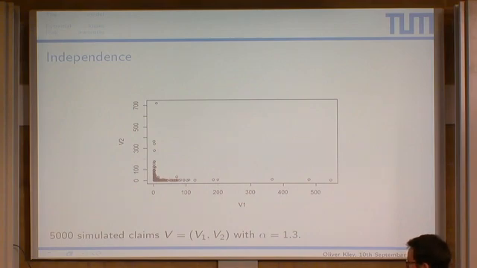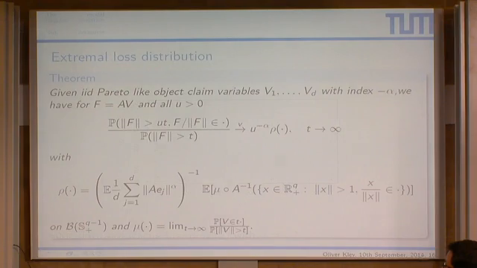Then I would have some elliptical shape and lots of mass in the interior, but that doesn't happen with the extreme losses of the Pareto. You should keep in mind that big losses happen in just one component.